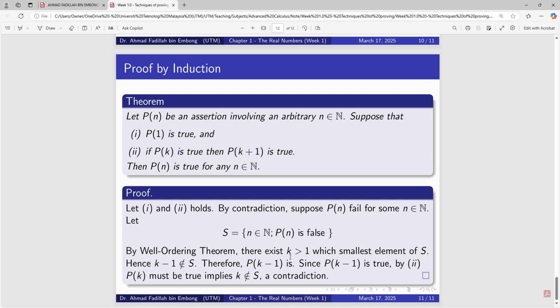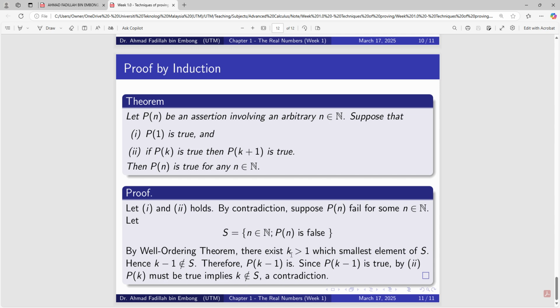So therefore k cannot be equal to 1. So here that's why we can assume that k must be bigger than 1, which is the smallest element of S. So keep in your mind, an element of S is whenever P(n) is false.